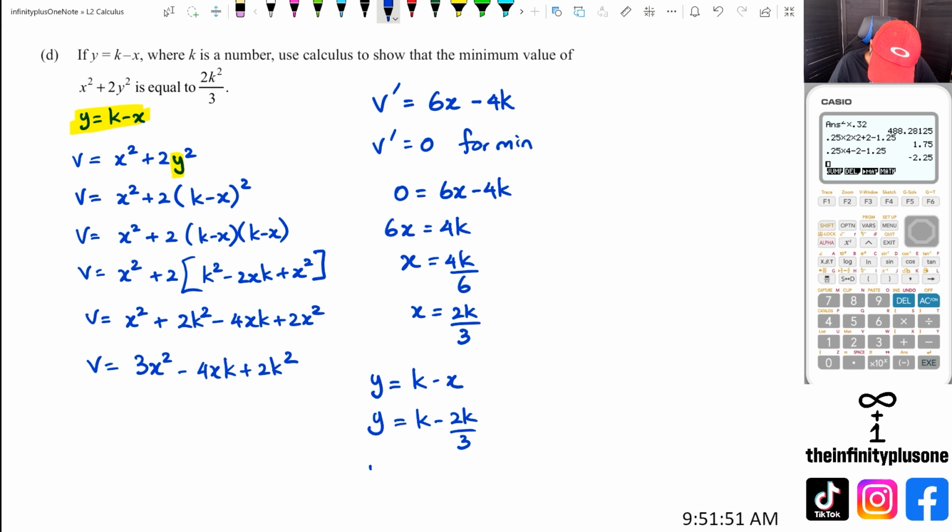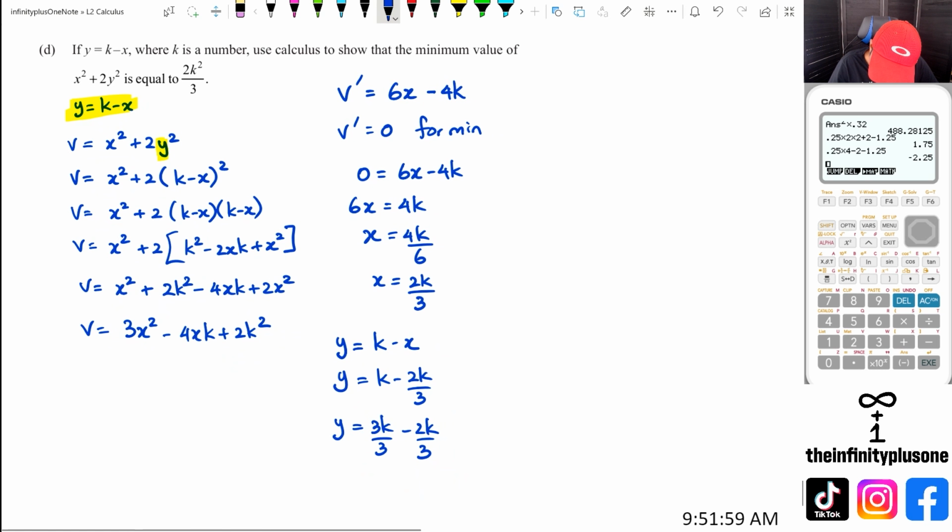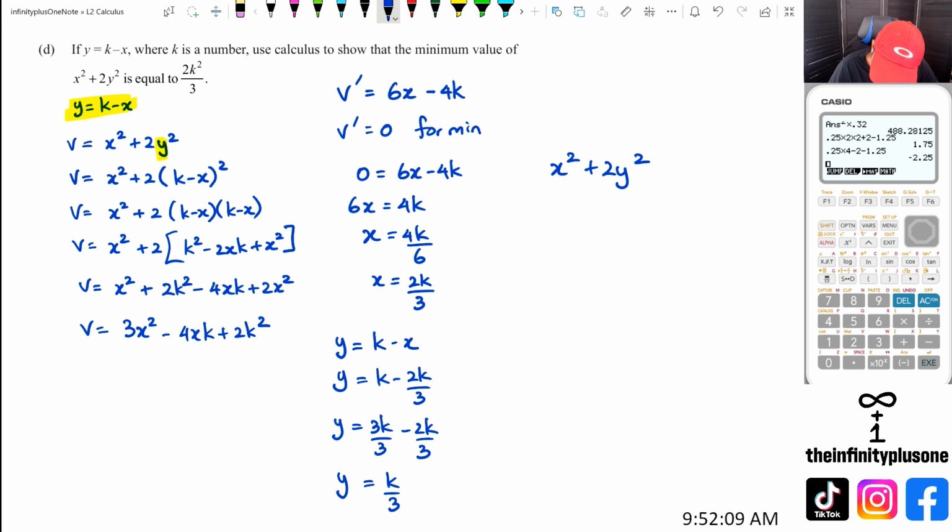I'm going to write this with the same denominators. So that's going to become 3k over 3 minus 2k over 3, and we get y is equal to k over 3. So the minimum value, which is x squared plus 2y squared, now x is equal to (2k over 3) squared plus 2 times (k over 3) squared.